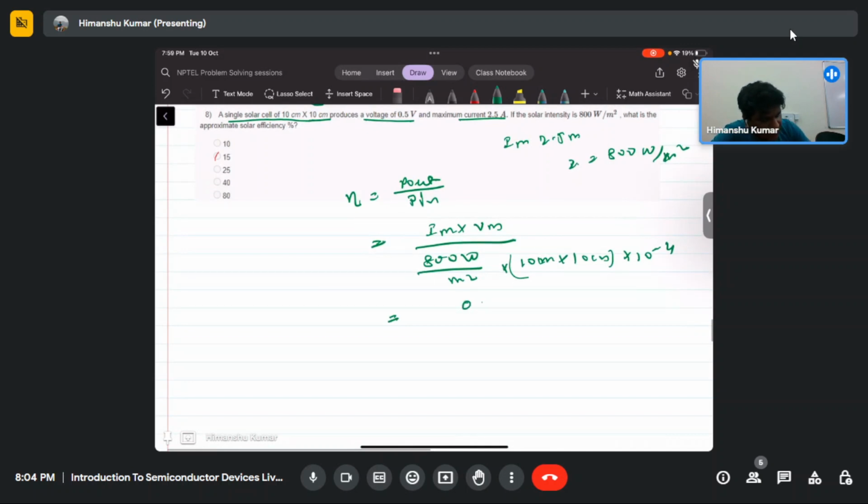Now 0.5 multiplied by 2.5 divided by 800 watt, multiplied by 10 power 2 multiplied by 10 power minus 4, right?